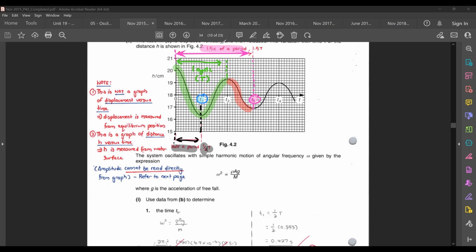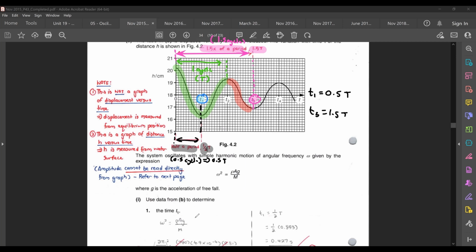Maybe I should write there as 1.5 cycle. So it's going to be 1.5 T. Whereas the one below this, originally, was half cycle or 0.5 cycle. So it's going to be 0.5 T. Okay. So T1 is 0.5 T of the period. T3 is 1.5 T of the period too.